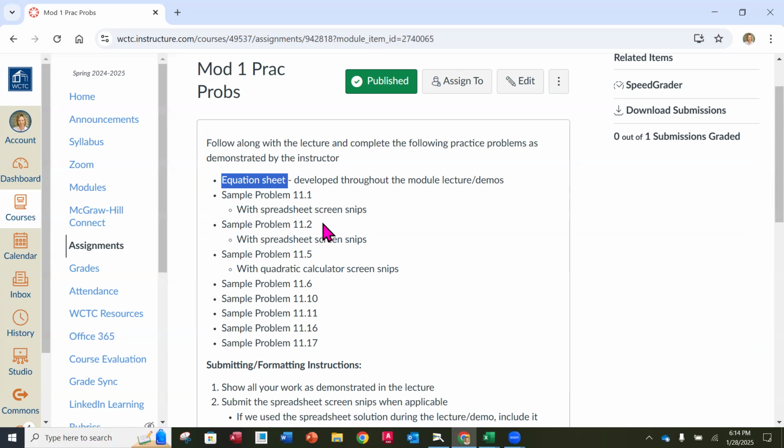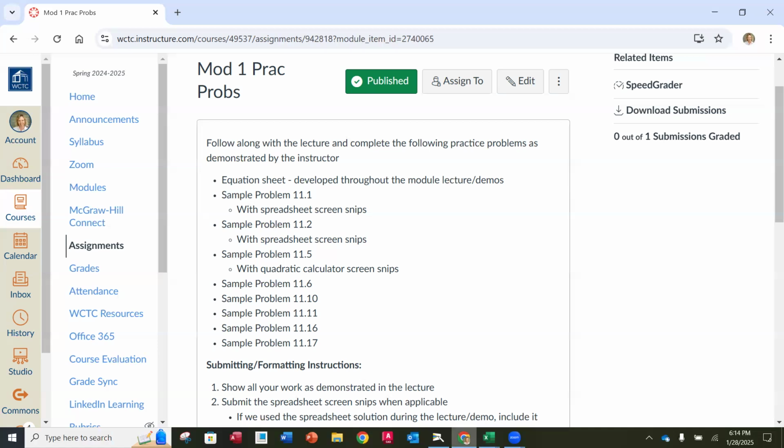And then if you recall, now this is a week ago already, so it's been a little while, but we generated that spreadsheet that had some different parts to it. For problems 11.1 and 11.2, you can do pretty much all in the spreadsheet except for the actual derivations. But make sure if you're using the spreadsheet, clearly mark, highlight, label whatever you are using to answer the question. So for instance, don't just highlight something and I'm supposed to guess what it is, okay?